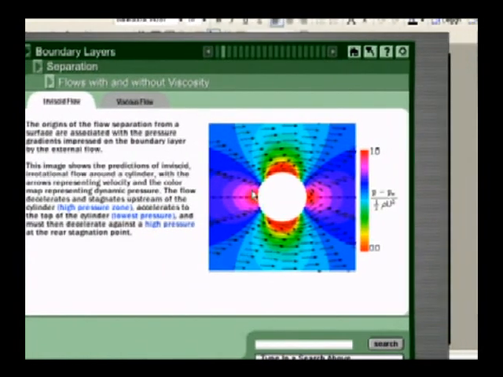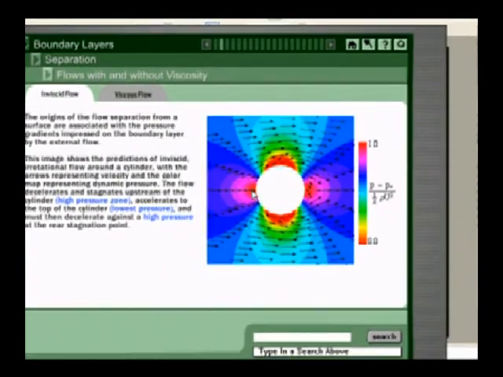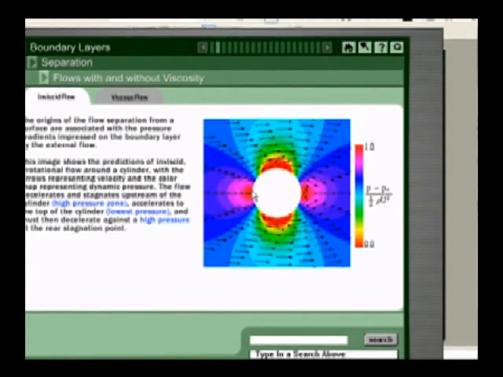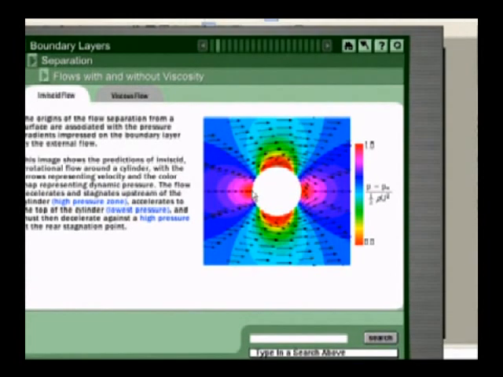This is the portion where we have a solid surface. Because of the solid surface, the net area is reduced. When the net area is reduced, what happens to velocity? Velocity is increased.